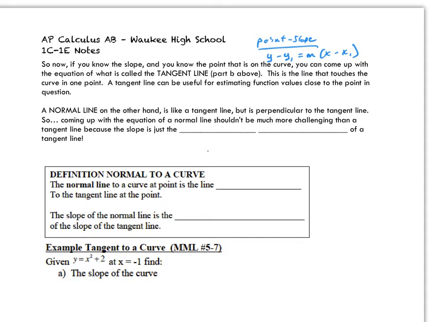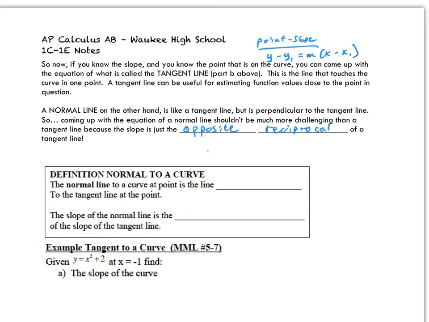Okay. Now, a normal line, on the other hand, is just like a tangent line, but it is perpendicular to the tangent line. So coming up with the equation of a normal line shouldn't be more challenging than that of a tangent, because the slope of a normal is just the opposite reciprocal of the tangent line.